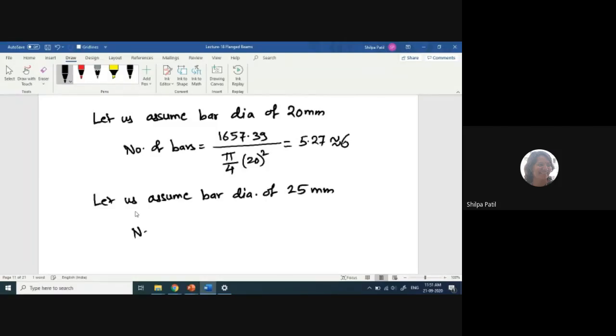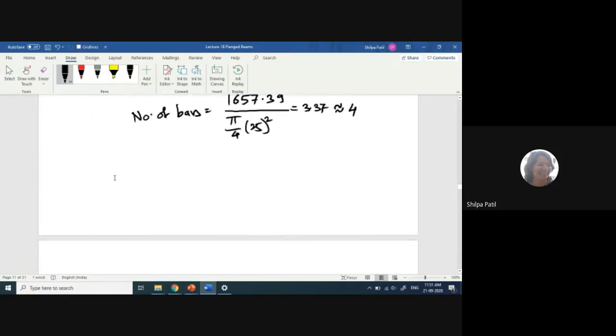So number of bars, tell me the number of bars again here: 1657.39 divided by the area of the single bar. 3.37. Yes, 3.37. It means it will be 4 bars. So let us now check again the width. I will write down here, check for width.